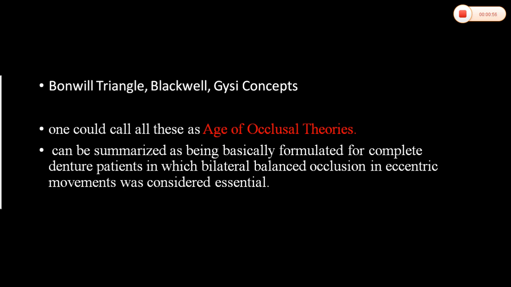You remember, it is an equilateral triangle with 4 inches on each side, made up of 4 inches connecting the two condyles to the center of the incisal edge of the mandible. Depending on that, he developed a concept of occlusion.